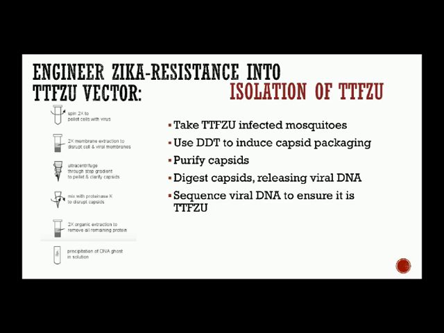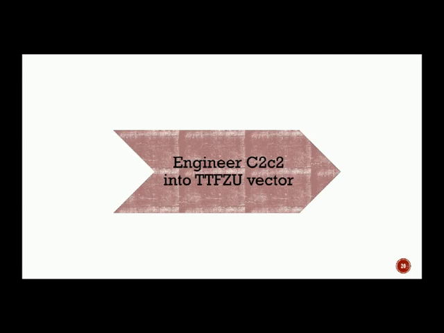To purify the viral DNA, we perform an organic extraction and precipitate the TTFCU DNA. A small amount of purified TTFCU DNA will be sequenced via Sanger sequencing to confirm the presence of the viral DNA.